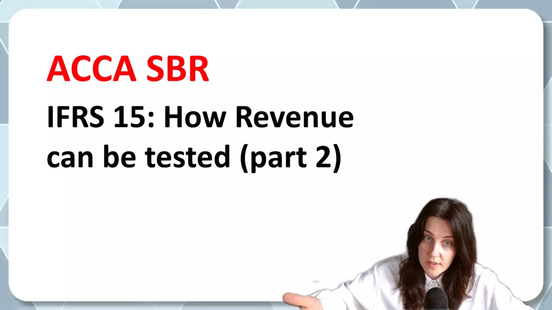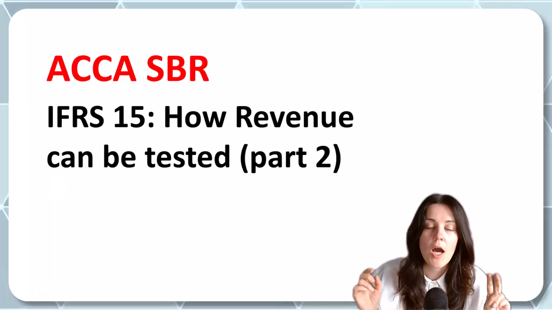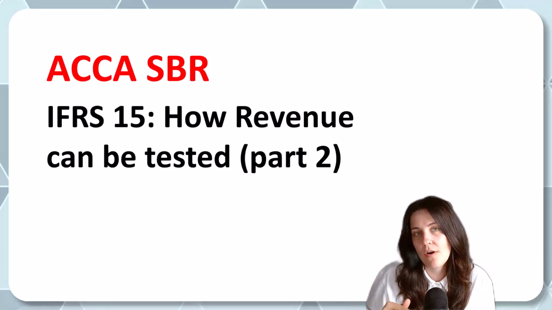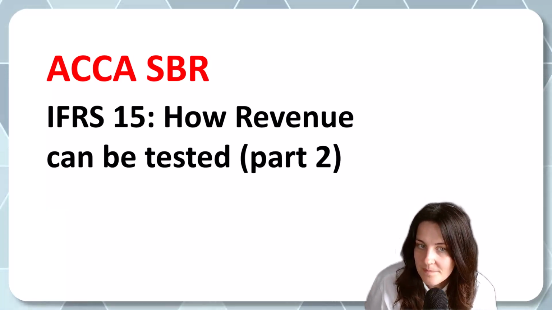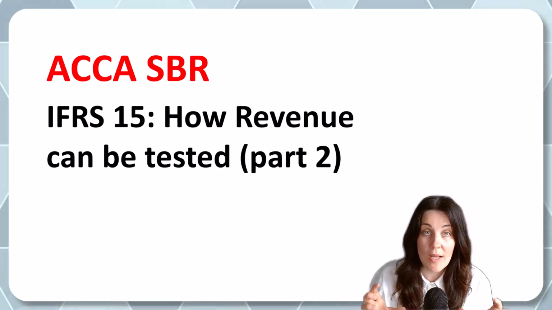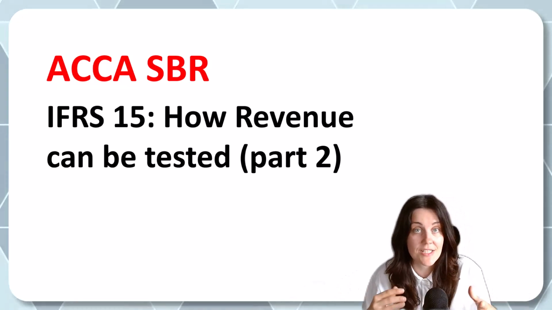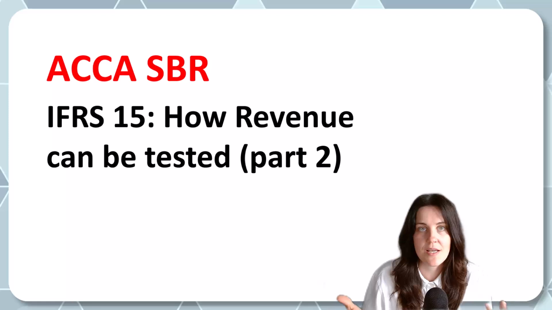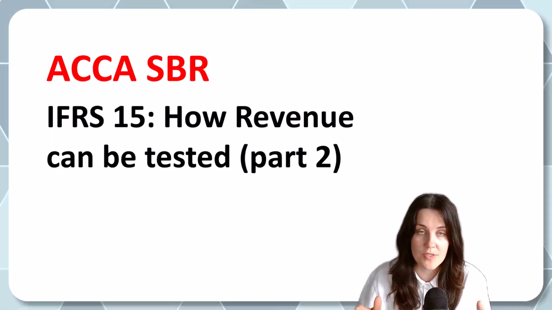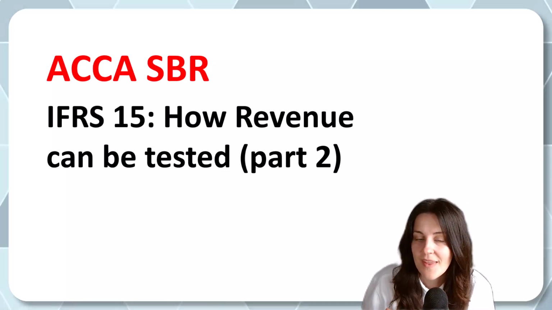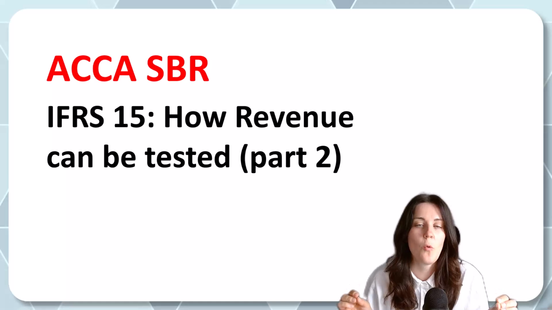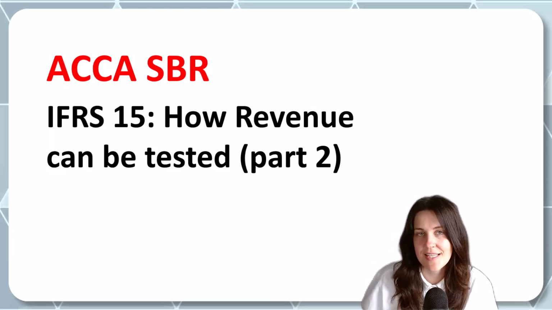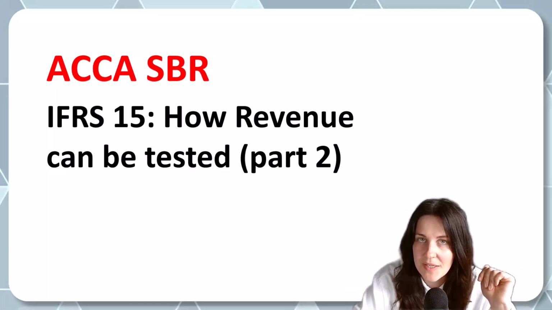I will recognize revenue ahead of it when the benefits are provided and consumed at the same time, when the company creates or enhances the asset that is controlled by the customer. So, for example, when the company made some remodeling of the house that the customer owns, and the company's performance does not create an asset that has an alternative use to the company.